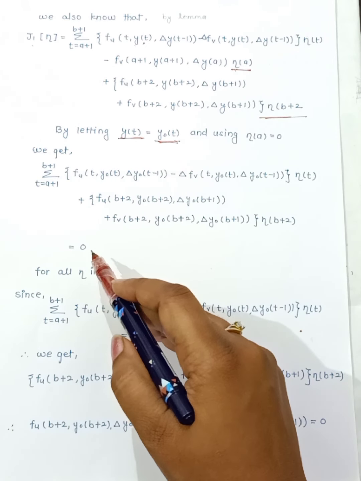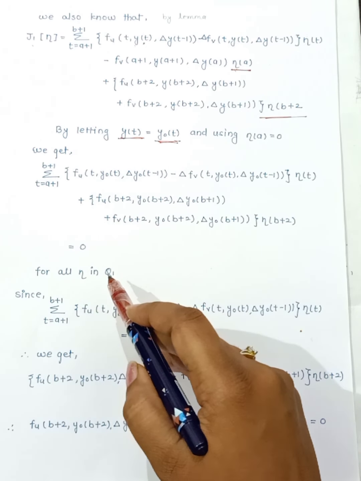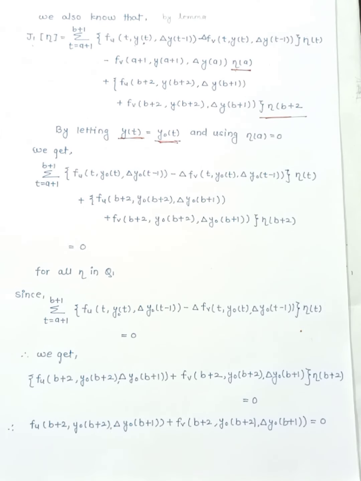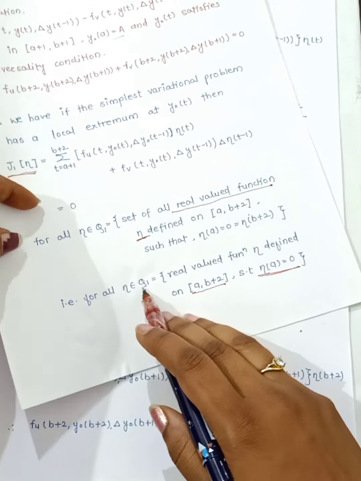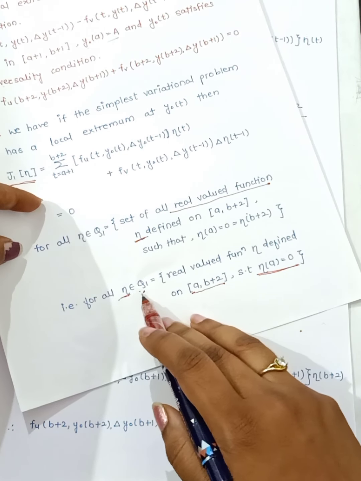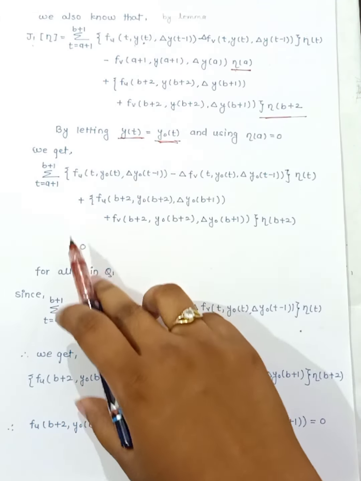So that is equal to 0 for all eta in Q1. We just saw that eta belongs to Q1, so for all eta which belongs to Q1, it will be 0.